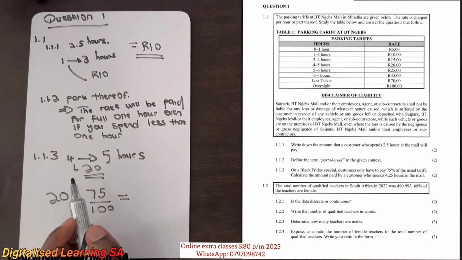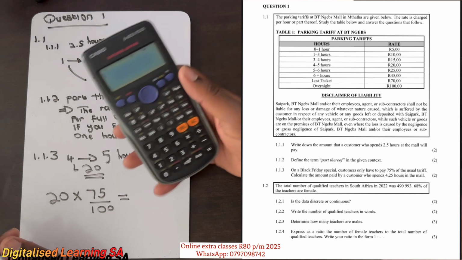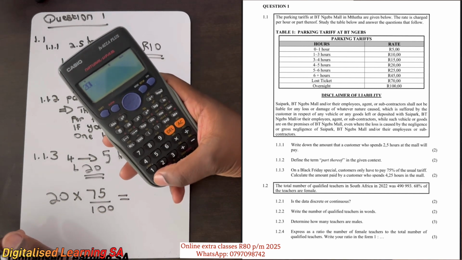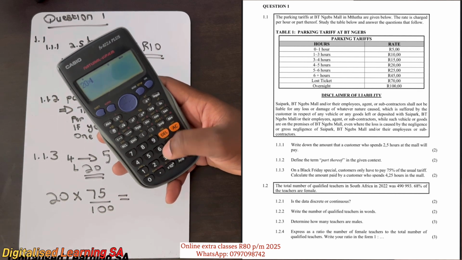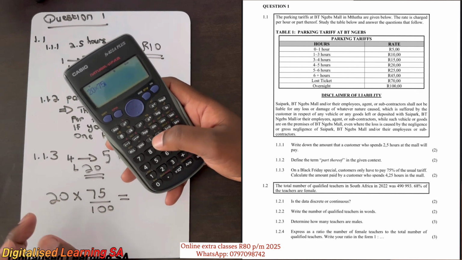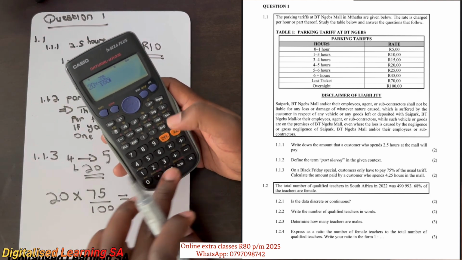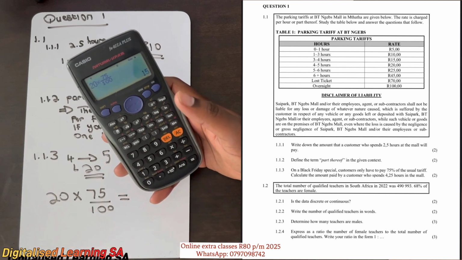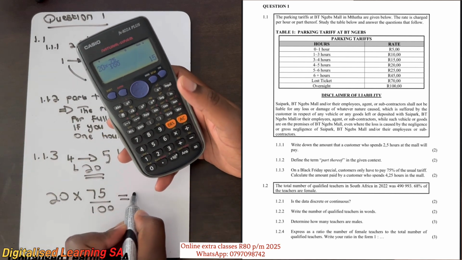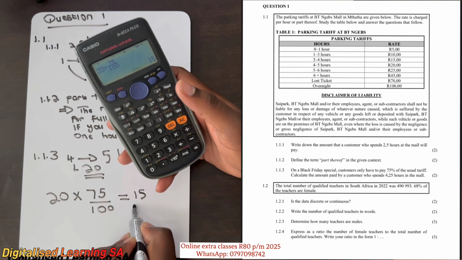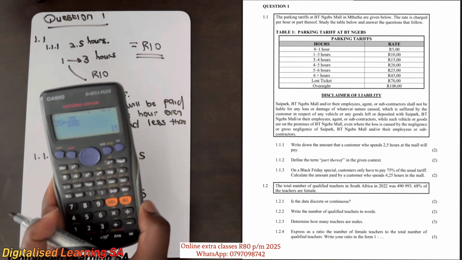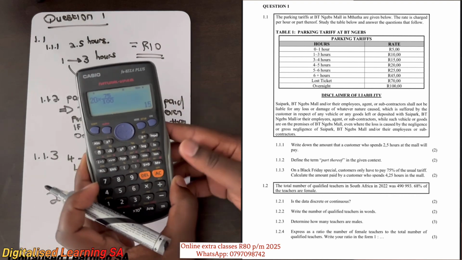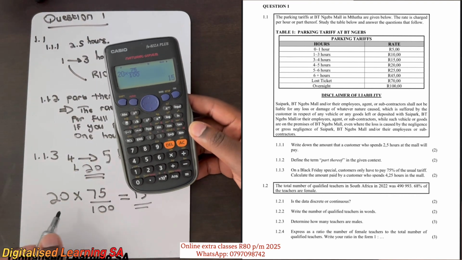I'm talking about the customer who spends 4.25 hours in the mall. If we plug that into our calculator, it's 20 multiplied by 75 divided by 100, and our answer will be 15, meaning that a customer who spends 4.25 hours at the mall on a Black Friday will only pay 15 rand.